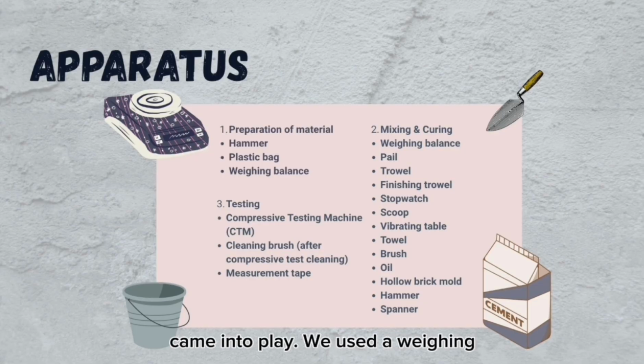We used a weighing balance for precision alongside a pail, a standard trowel, and a finishing trowel for handling the mix. Timing and consistency were managed using a stopwatch, a scoop, and a vibrating table to eliminate air pockets. Additional maintenance and setup tools included a towel, brush, oil, a hollow brick mold, a hammer, and a spanner.